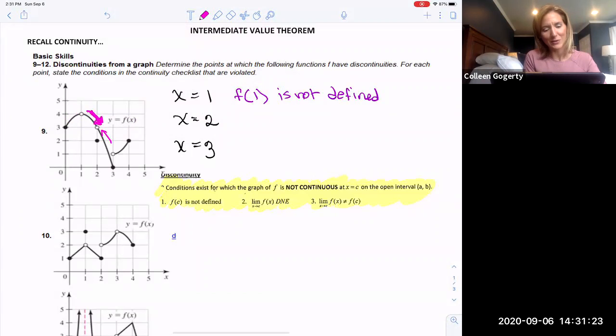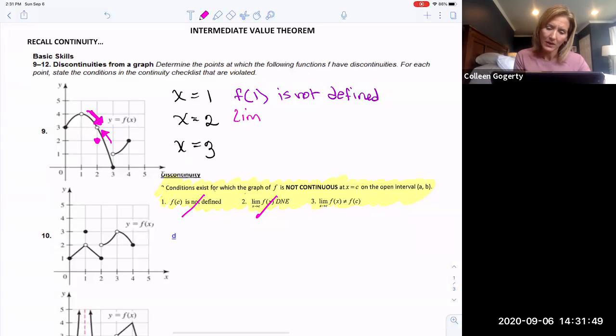As we approach x is 2 from the left and we approach x is 2 from the right, we definitely have a limit again, right? Our limit is 3. All right, well, let's go further. Is f of 2 defined? Well, yeah, f of 2 is defined right there. So f of 2 is defined. We have a limit. So what's the problem?